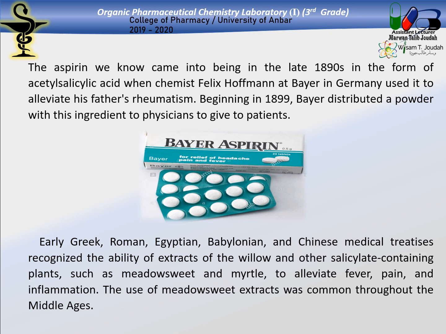It's one of the worldwide diseases that most people, especially the elderly, will go through. So it's kind of a pain relief. In the beginning of 1899, Bayer distributed a powder with these ingredients to physicians to give to patients.